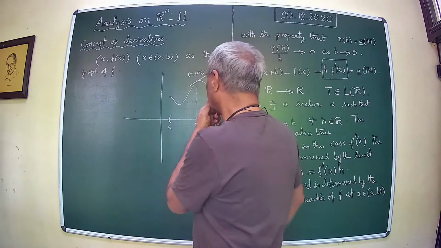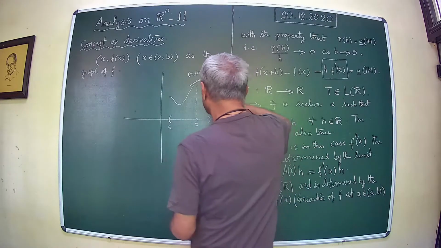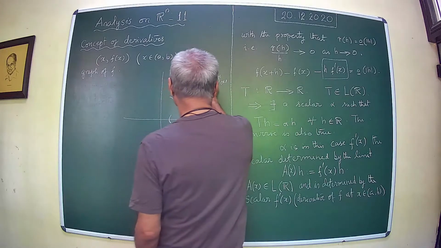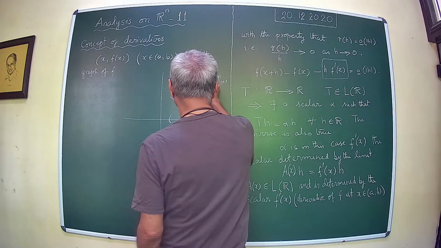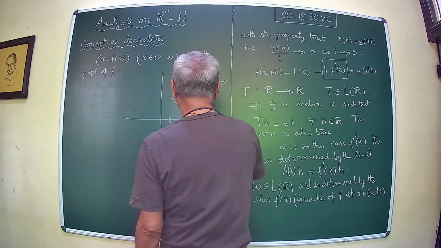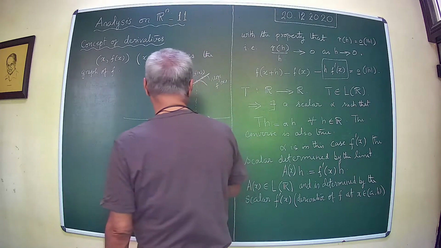The equation of this line is, suppose you take a point on this. This is what you have.